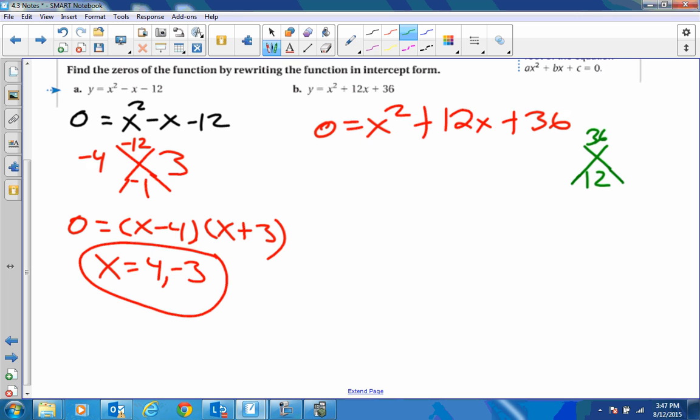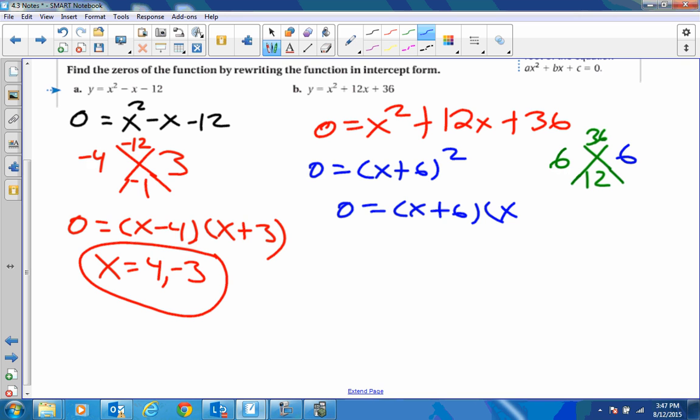The reason I know it's a perfect square trinomial is because these two numbers are the same. 6 times 6 is 36, 6 plus 6 is 12. So I could rewrite this as 0 equals x plus 6 squared, or as 0 equals x plus 6, x plus 6. If I get the same thing twice, it's a perfect square trinomial. My only zero in this case is x equals negative 6. That is the only zero on a perfect square trinomial.